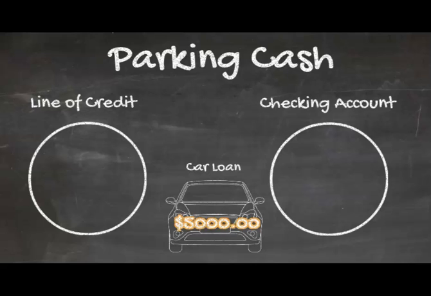So if we put the $5,000 in the car loan, it means we can no longer take it out. Let's assume we're paying a certain amount of interest on this car loan. Now we put the $5,000 in there, we owe zero. Understand that. Now let's look at the other two accounts.